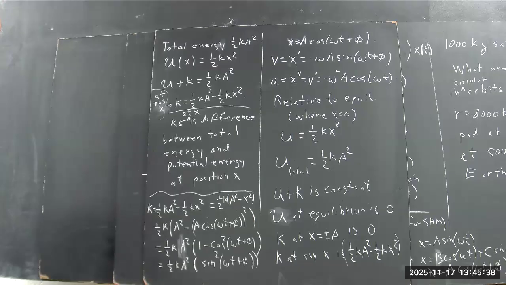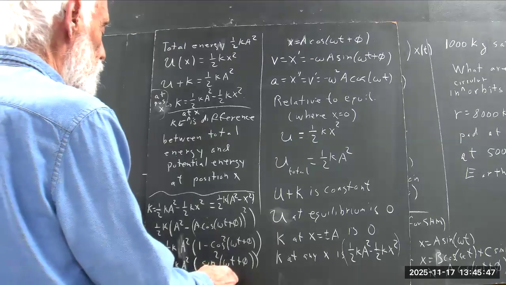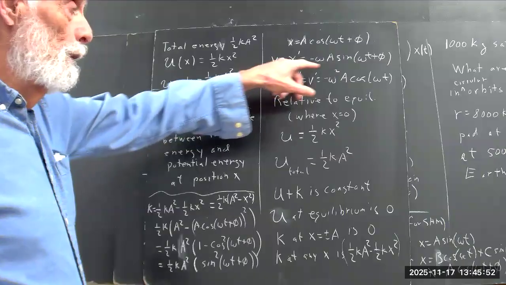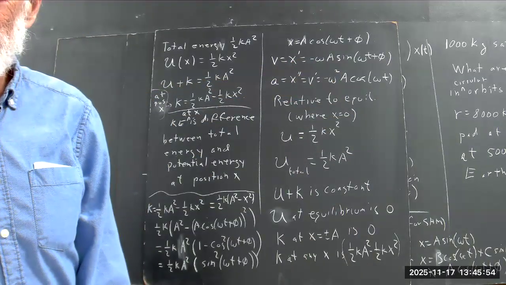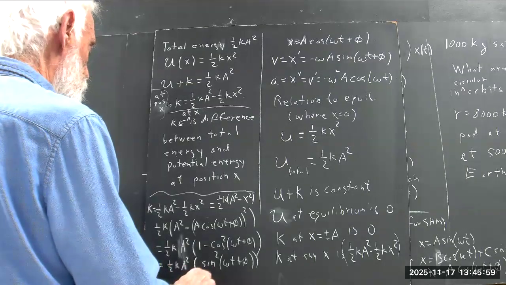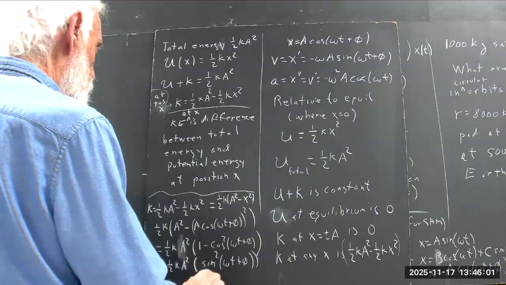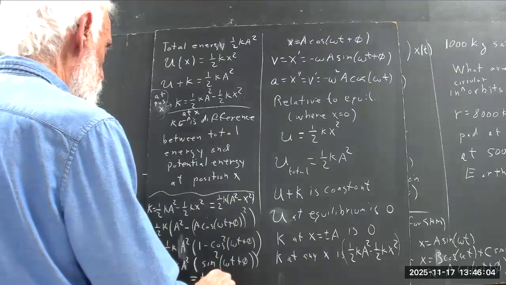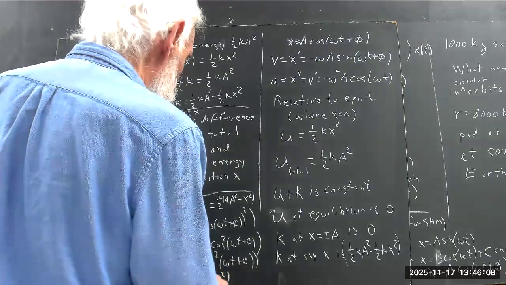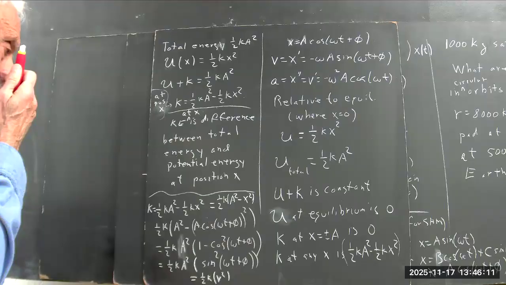And A times the sine of omega t plus phi is the magnitude of your speed. It's 1/2 K times V squared.